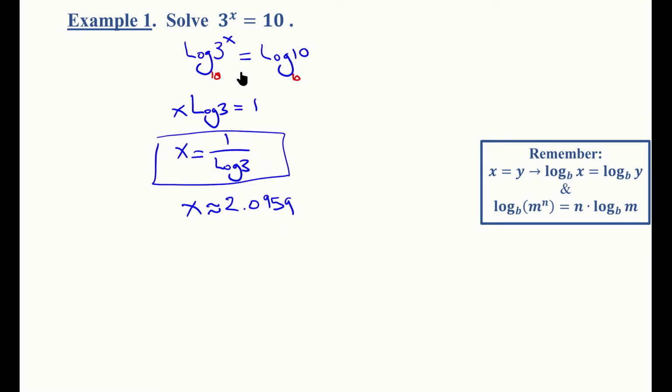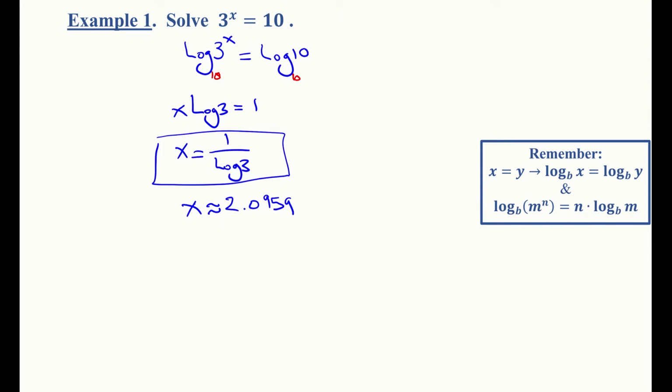Now, it is good to make sure that this makes common sense when possible, when the numbers are not that large. Notice, we know that 3 squared is 9, right? So to get 10, we shouldn't be going all that much above 2, correct, for the exponent. So this does make very good sense.